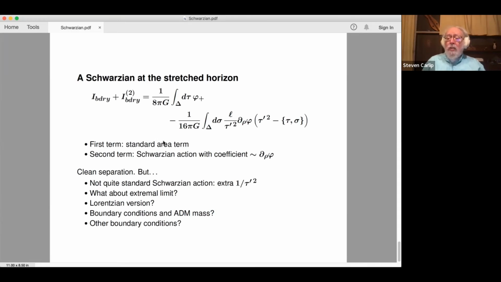In both of those cases, what you get is a Liouville action as your effective description. There is a relationship between Liouville theory and the Schwarzian action, but I only know that it exists. It's not something that I've looked at enough to tell you whether it gives the correct relationship.